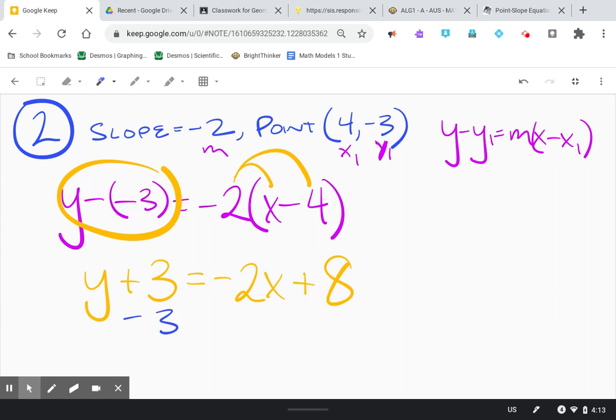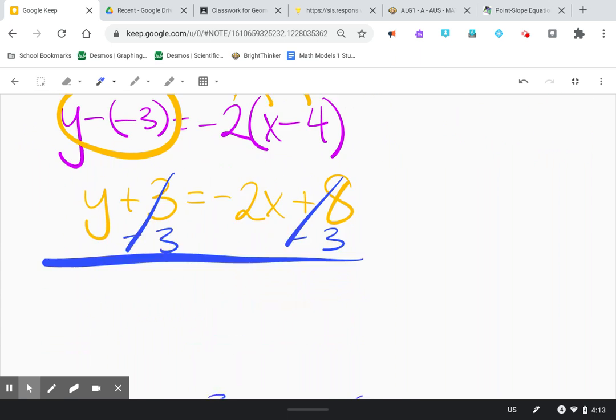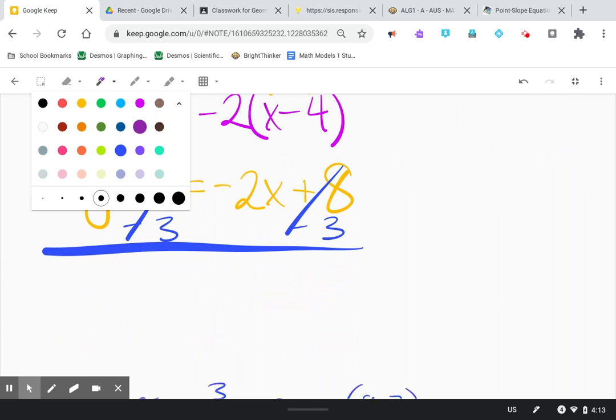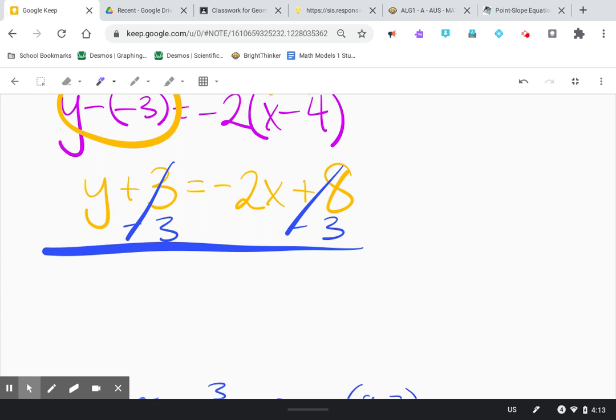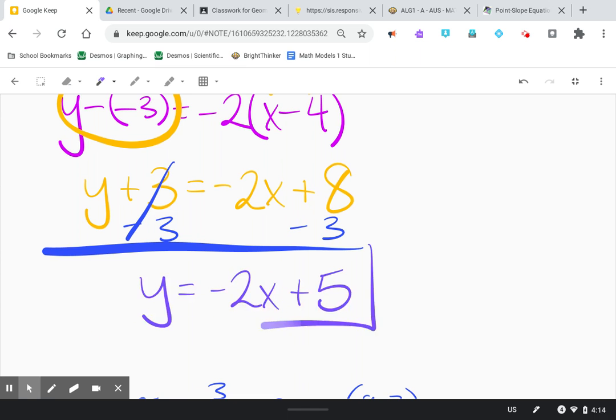And I'm going to subtract 3 from both sides. And we're going to get y equals negative 2x. I did not mean to put a line through that. y equals negative 2x plus 5.